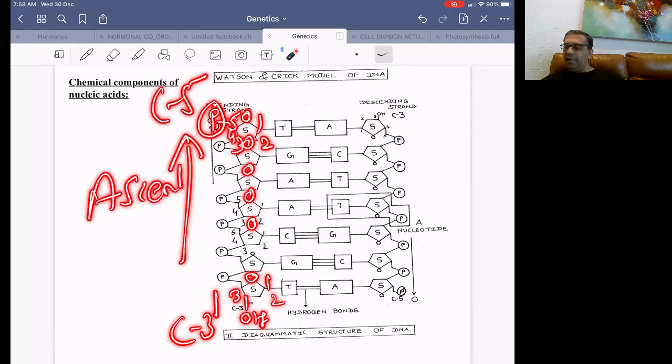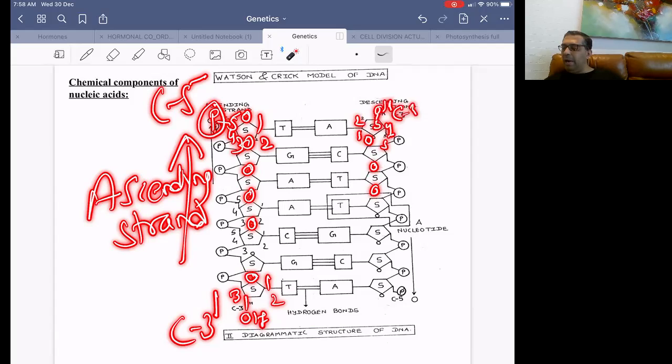That was the ascending strand. But in the opposite strand, as the oxygens are facing below, you have C1, C2, C3, C4, C5, and the free OH is present at the third carbon above.